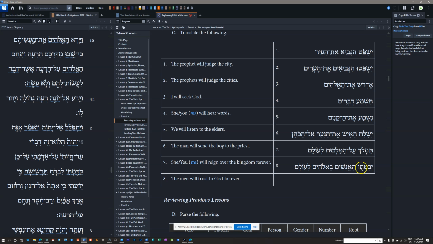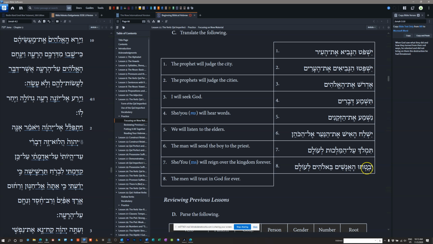So what about our prefixes? Because if chet is part of the root, we've still got 4 letters. We've still got to get rid of something. Well, what about yod as a prefix? Do we ever see yod as a prefix? Yes, Qal Imperfect. In fact, yod prefix plus a shureq suffix is what we find in the 3MP conjugation of the Qal Imperfect.